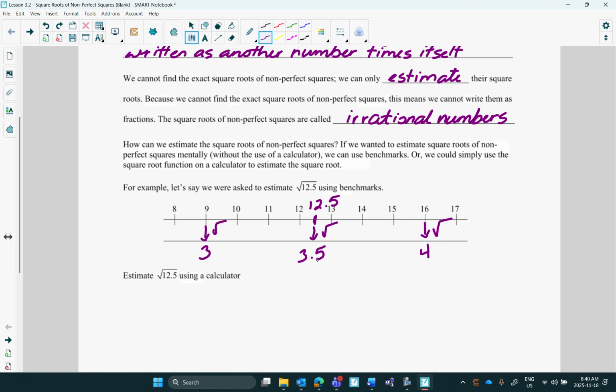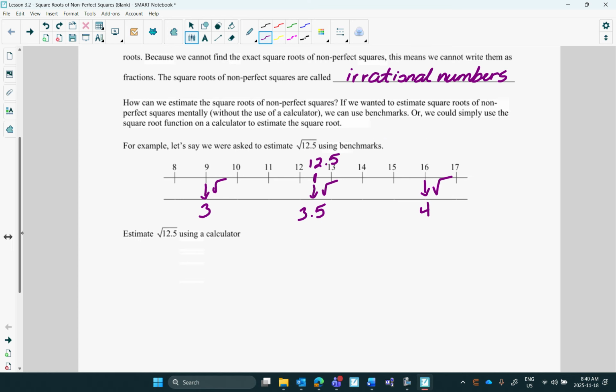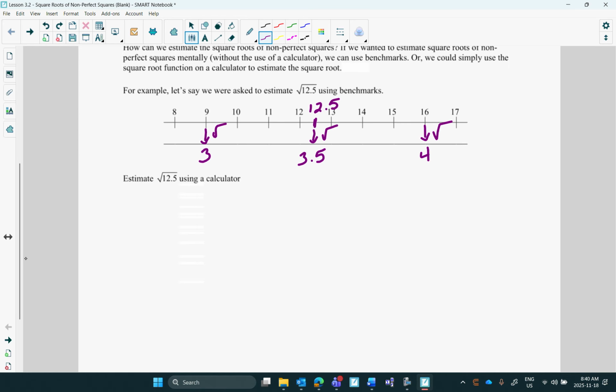And if you actually plug this in on your calculator, and you should know, by the way, how to find the square root on your calculator, and round it to 1 decimal place, and we use these 2 wavy lines to mean it's approximately, I actually get 3.5, so I estimated it mentally quite accurately.